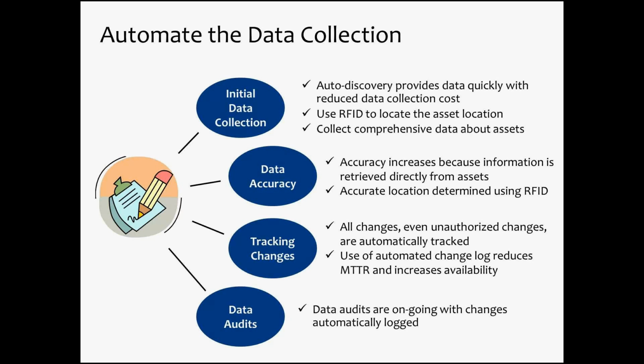Tracking changes: if I can auto-discover, I can get snapshots. I can tell you when changes happen. I can tell you when equipment is moved, and that's going to reduce the mean time to repair and increase our overall availability. And finally, data center audits. These are ongoing, right? By using these tools, the audits are happening all the time. I don't have to do a big end-of-year audit.